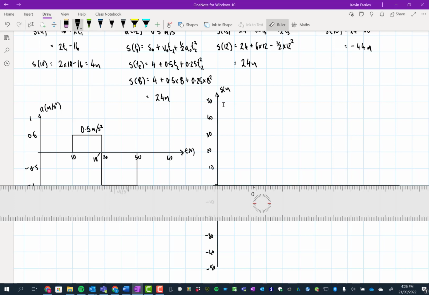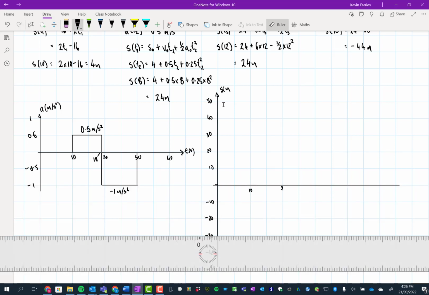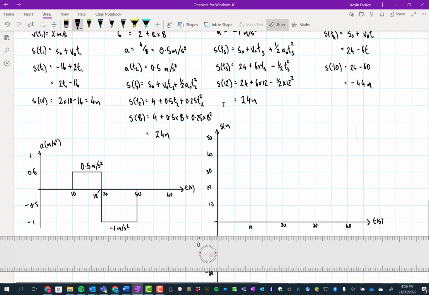This way, 10, 20, 30, 40. This here is time t in seconds.